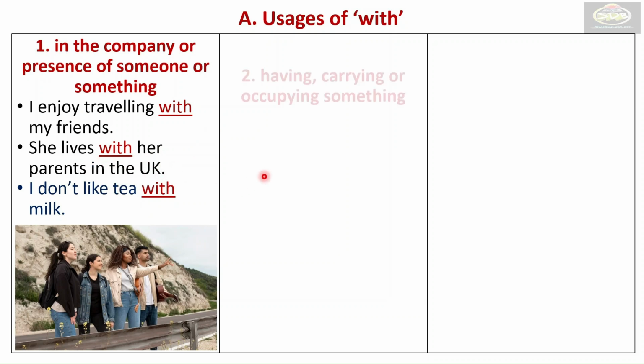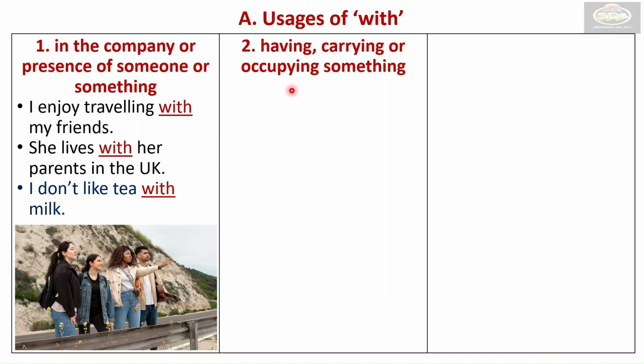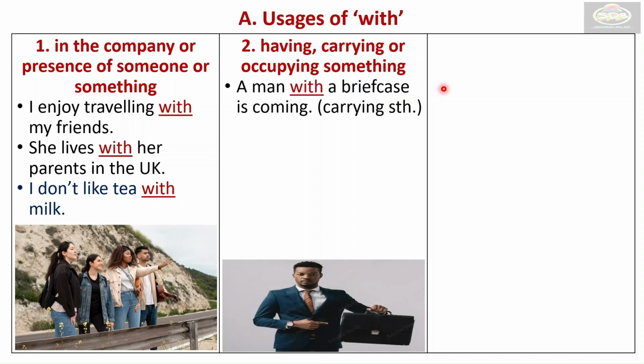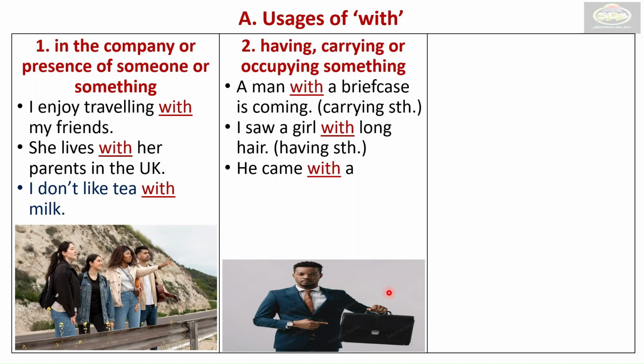Next rule is having or carrying or occupying something. Example, a man with a briefcase is coming. A man having a briefcase or carrying a briefcase is coming. He has a briefcase with him. More examples, I saw a girl with long hair.